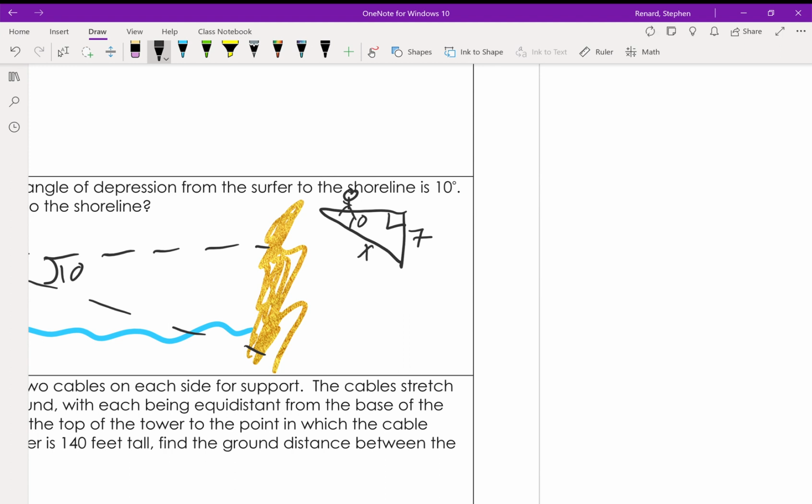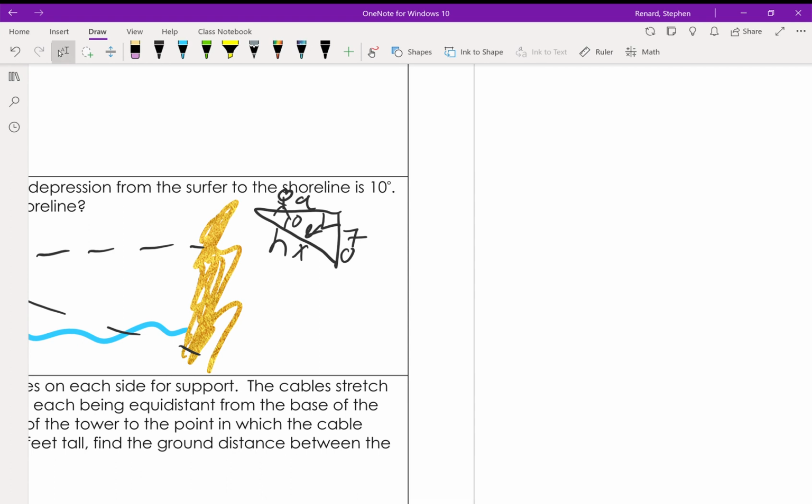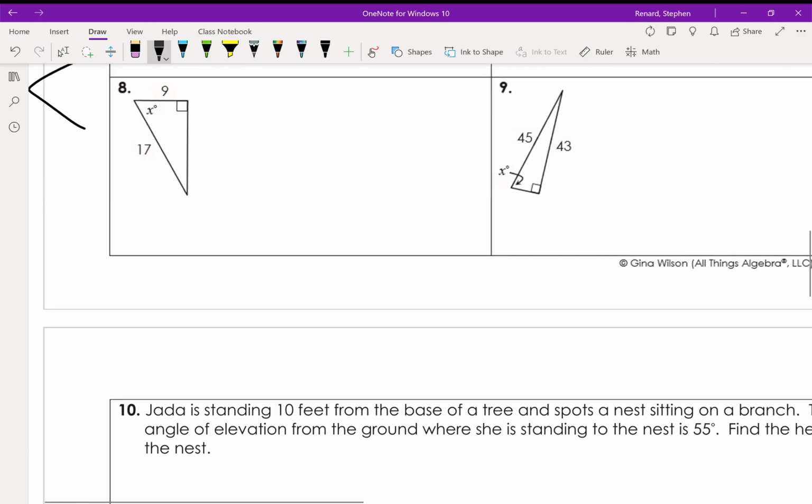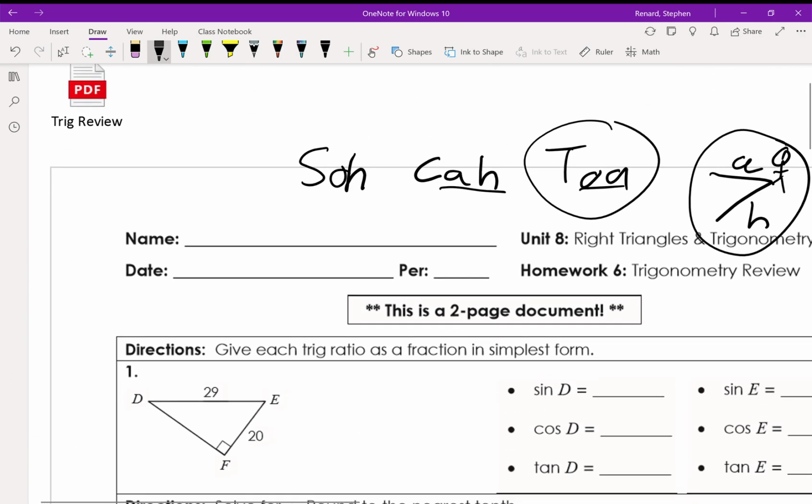If I've got Andy standing right there, this is my hypotenuse, that's the adjacent, that's the opposite. So I'm dealing with hypotenuse and opposite, that's sine. If you're ever concerned, just scroll back up to the top of your page. Right here, opposite and hypotenuse, sine.